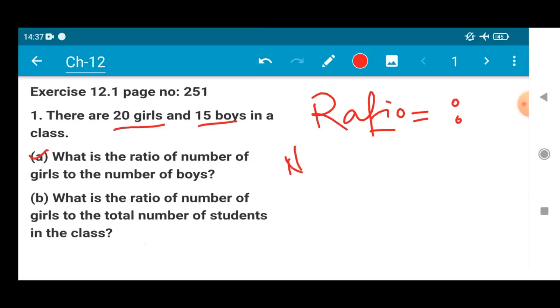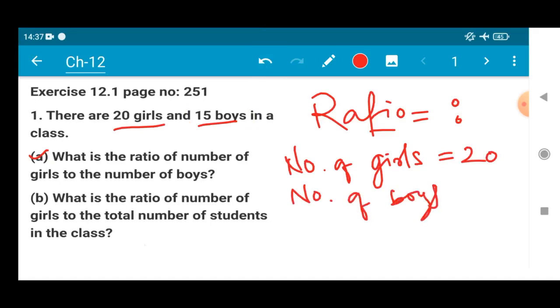Now it is given in the question that the number of girls in the class is 20. Number of boys is equal to 15. Now we have to find the ratio between the boys and girls, right?